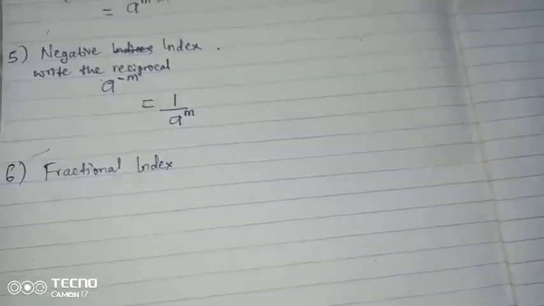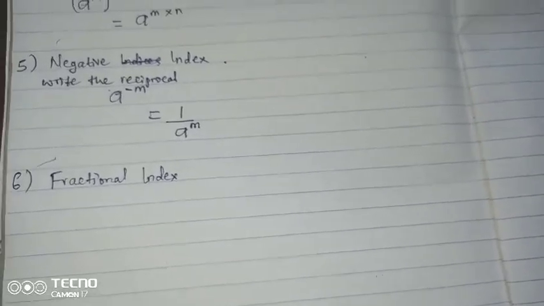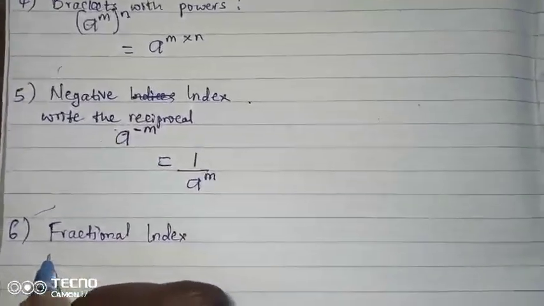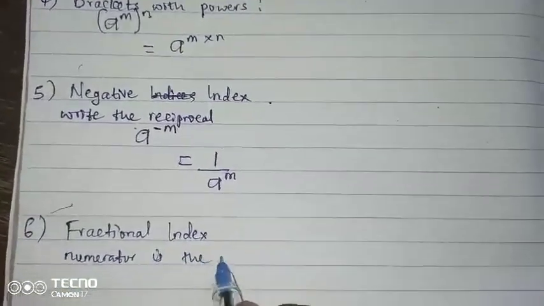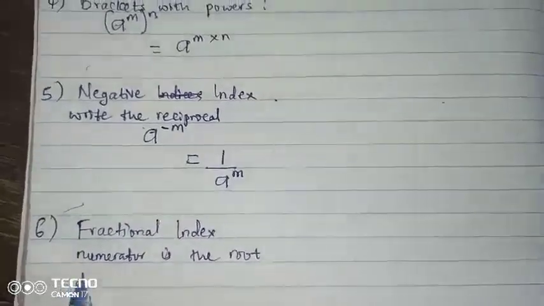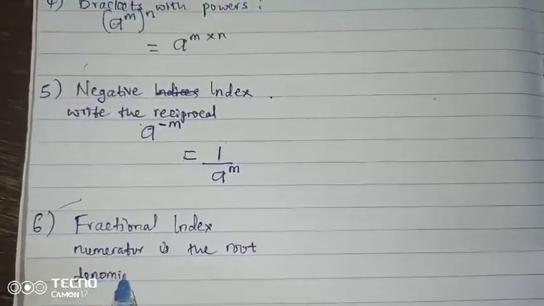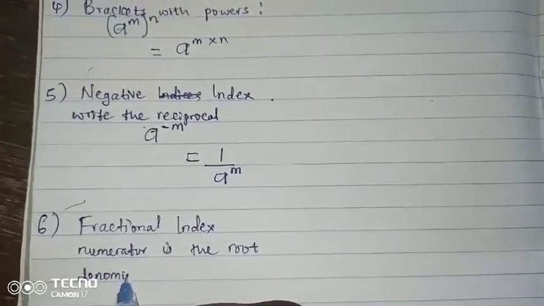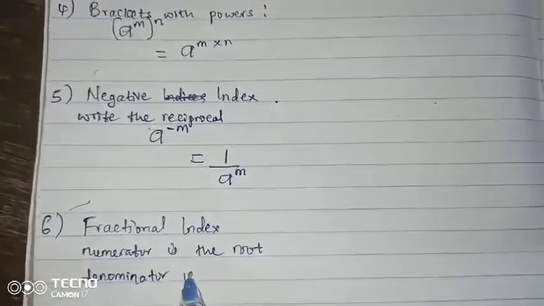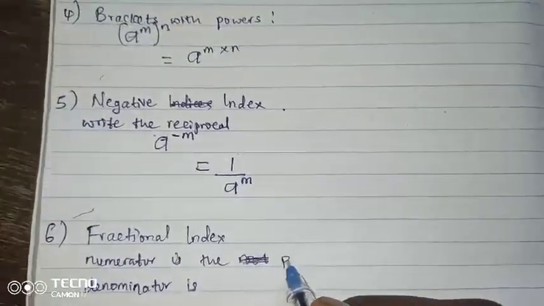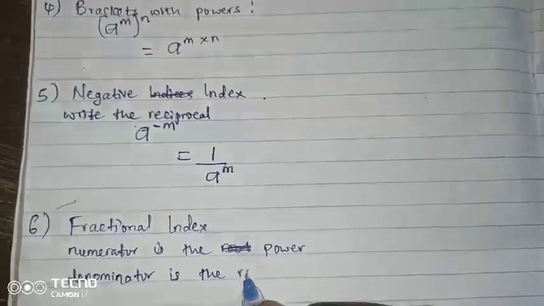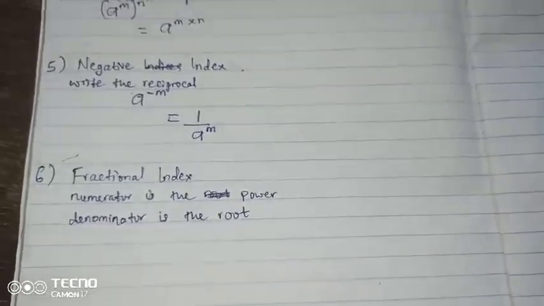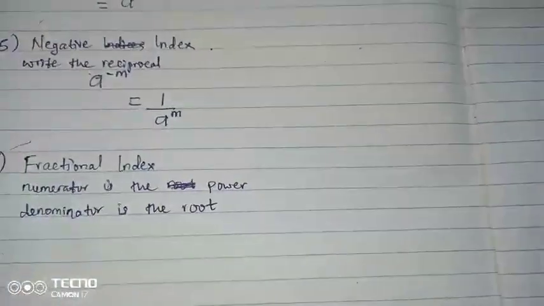When the index of a term is a fraction, the numerator is the power, while the denominator is the root of the number.